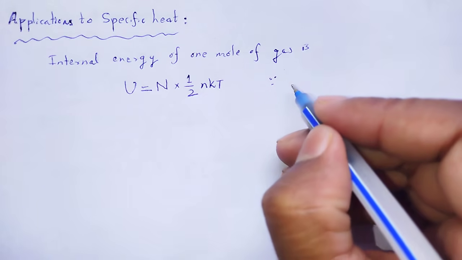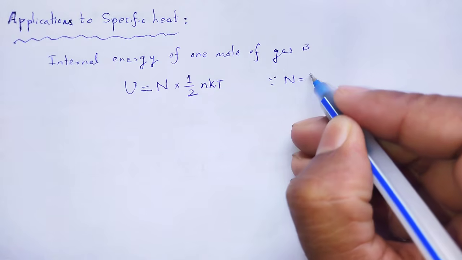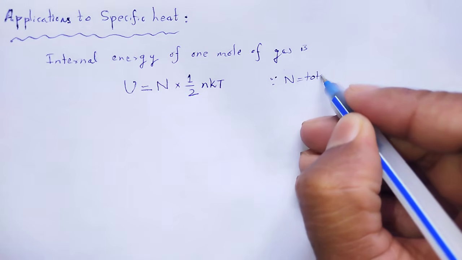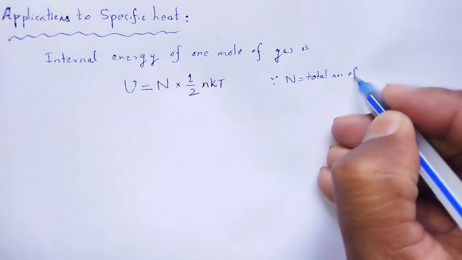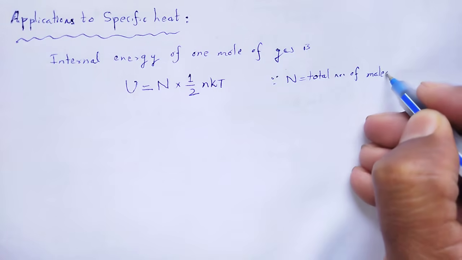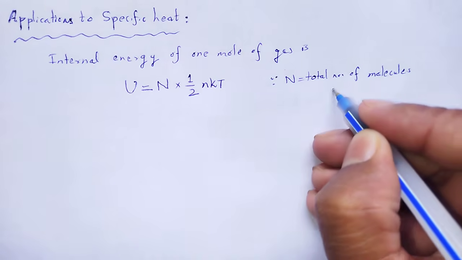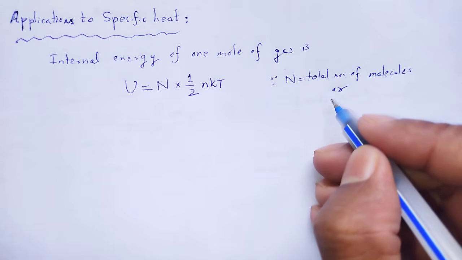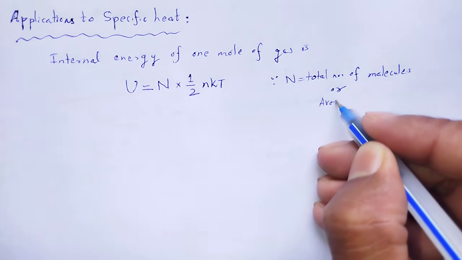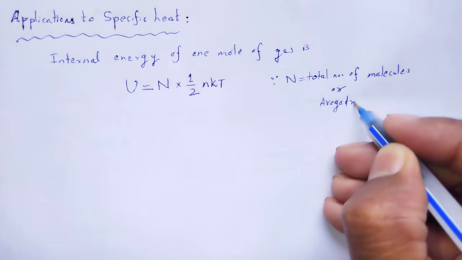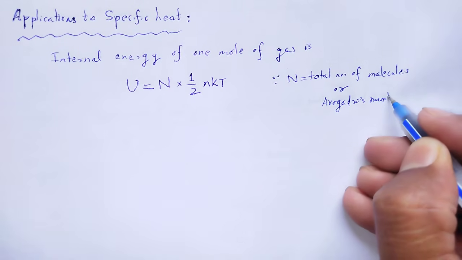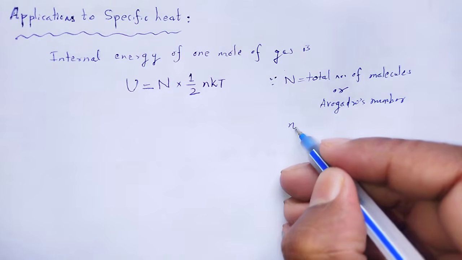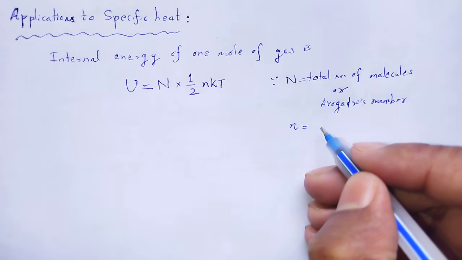So, capital N is the total number of molecules, or Avogadro's number, and small n is the degrees of freedom.